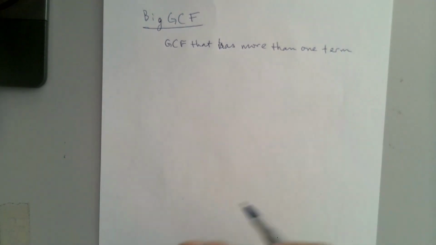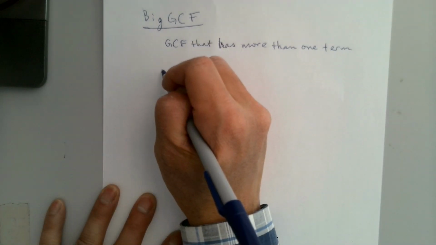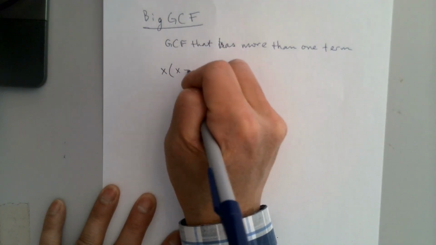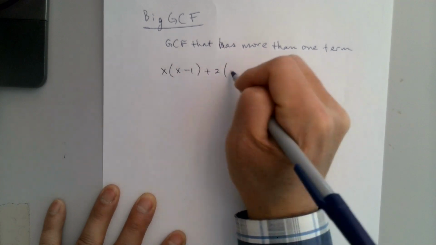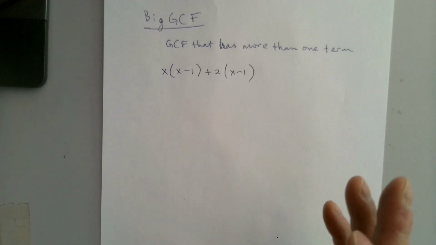How can a GCF be more than one term? Well, look at this. Okay, how many terms do you see here? And I want you to think of the big picture.